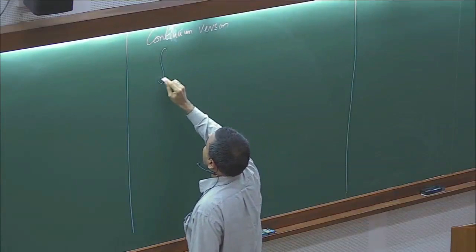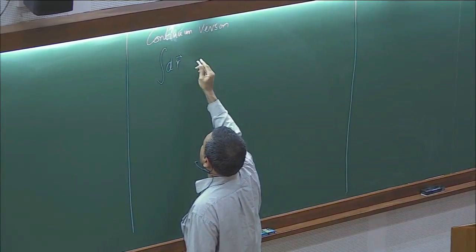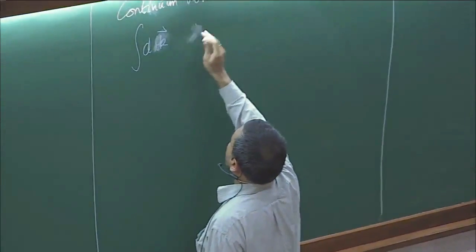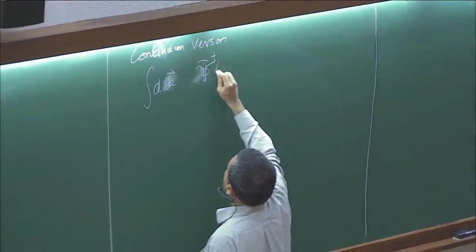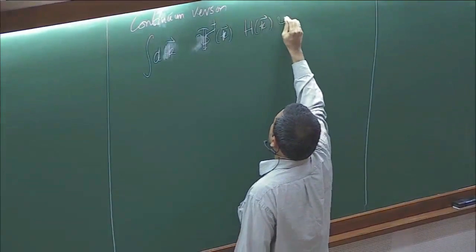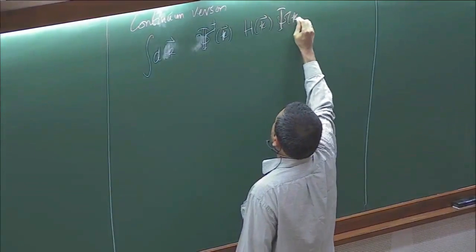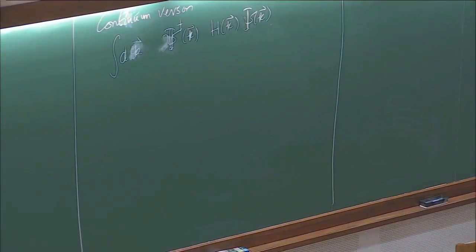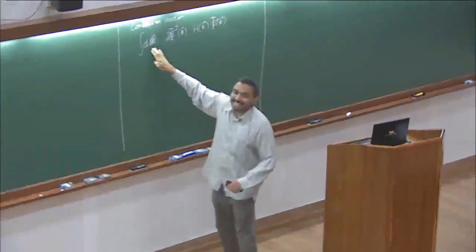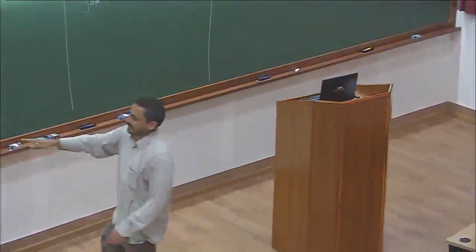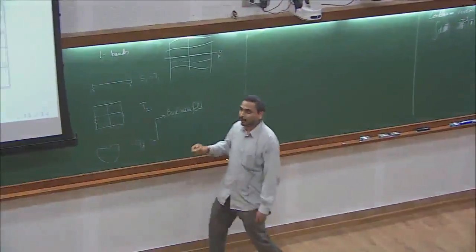So you can see that the continuum version can always be written something like this: integral dk psi dagger k, H of k, psi k. Okay, so now I ask you the following question. What does this k run over? You all agreed that in the lattice case, k ran over this torus. What does this k run over?